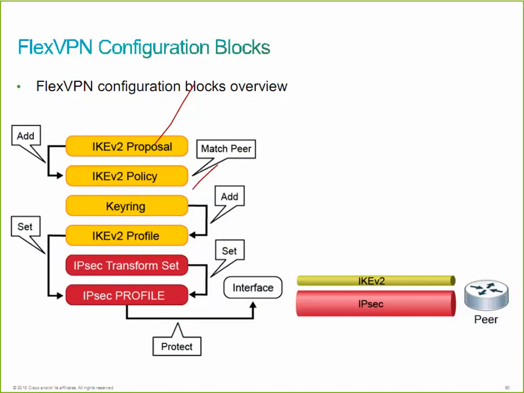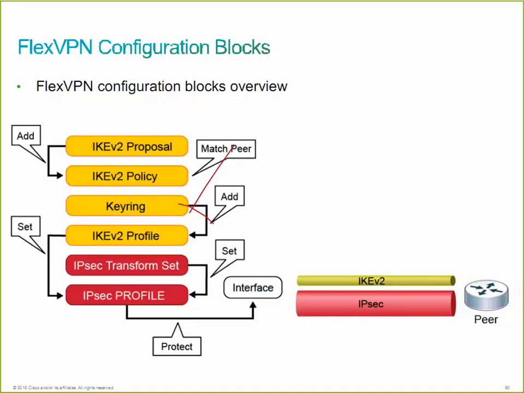Okay? In IKE v2, that policy references the actual proposal. All right? Again, in the CCNP Security, we actually configure this, so you get to see these different configurations. If I get a chance, I'll put together a lab and show you all of these different building blocks in that lab exercise.